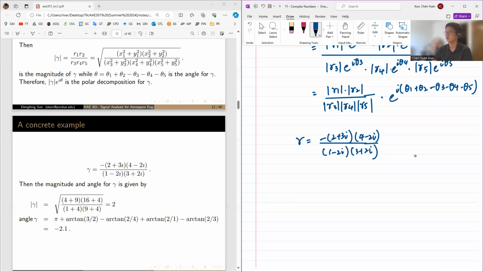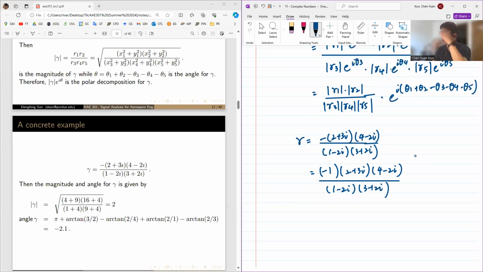So let's rewrite this again as negative 1 times 2 plus 3i times 4 minus 2i, and then 1 minus 2i and 3 plus 2i.